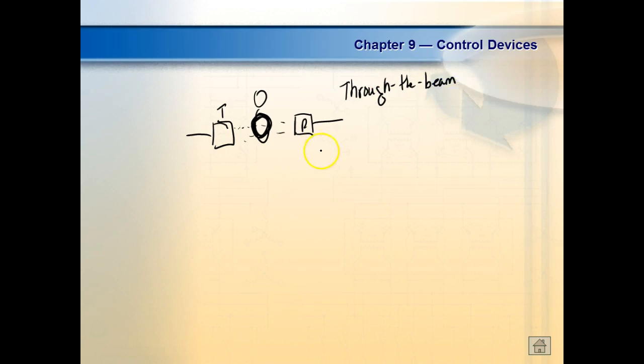So here you're going to have a transmitter and receiver. So when we go over there and look at the manufacturing line, we'll show y'all through the beam sensors, we'll show y'all diffuse sensors, we'll show y'all these different sensors. And then we have one where the transmitter and receiver is in the same unit.